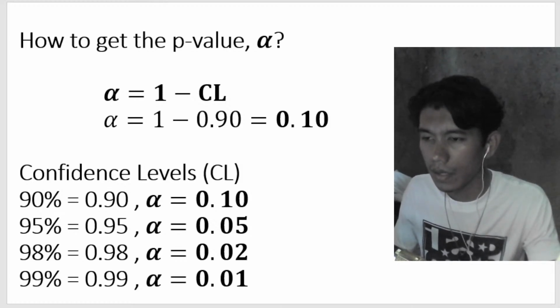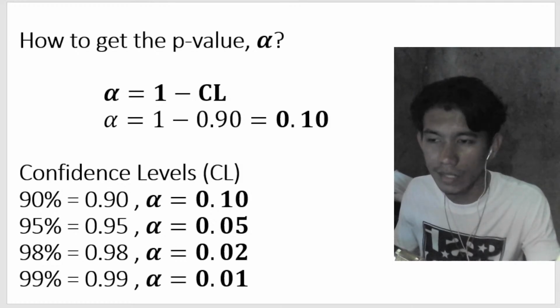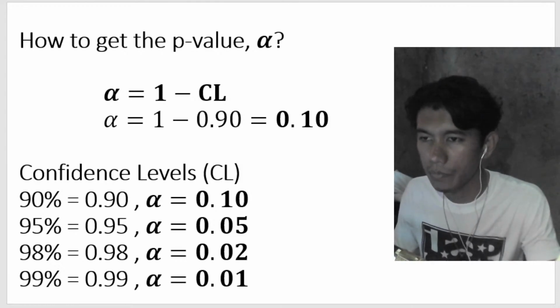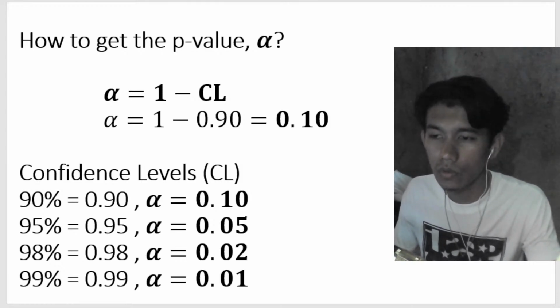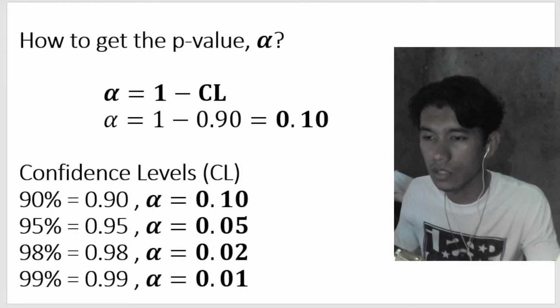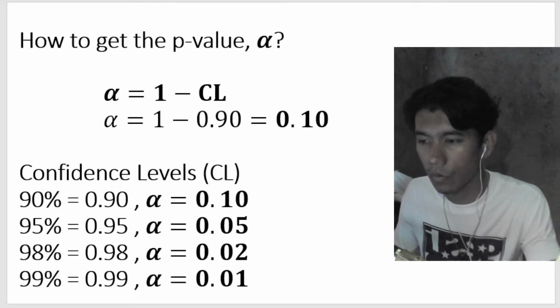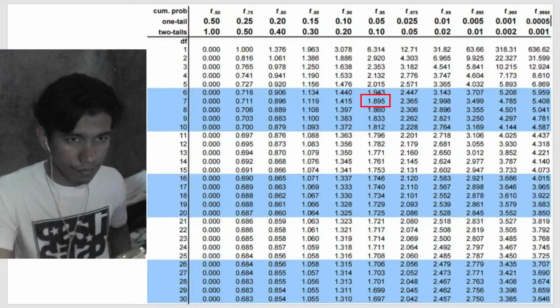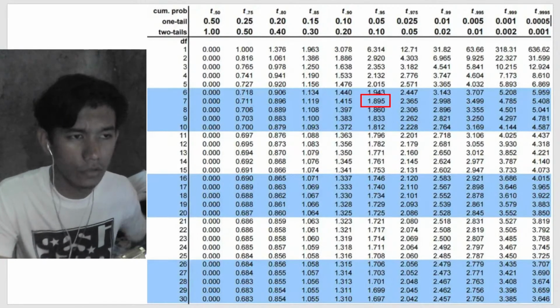When it is 98%, or 0.98, the p-value is 0.02. And lastly, for 0.99, the p-value is 0.01. These values, 0.10, 0.05, 0.02, and 0.01, can be found in our t-table. As you can see, those mentioned values are here.